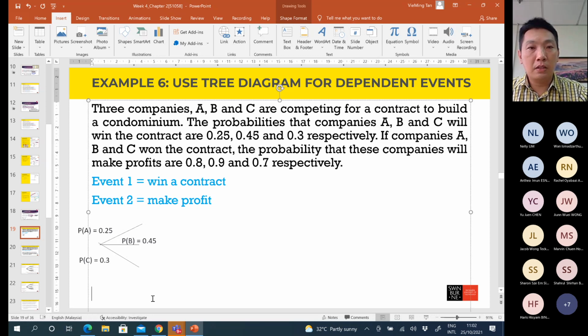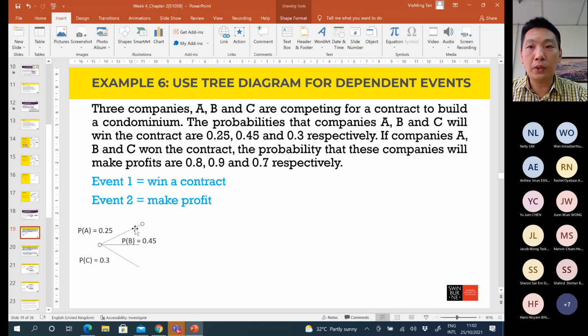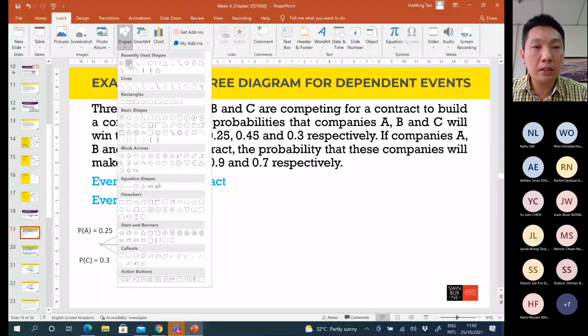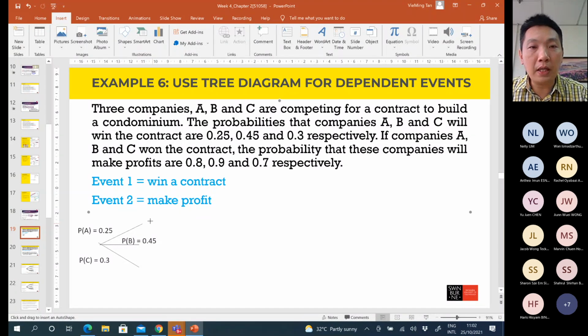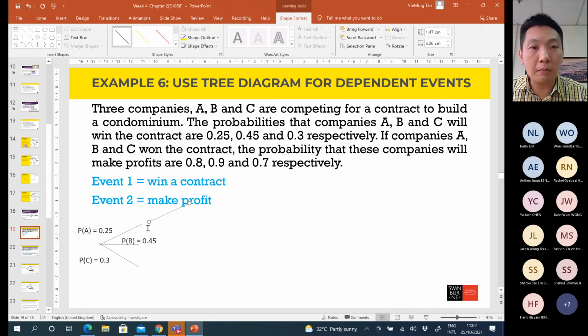Based on this information, I can try to draw the information for the second event as well by using the tree diagram. Making profit has two possible outcomes: either making a loss or making a profit.